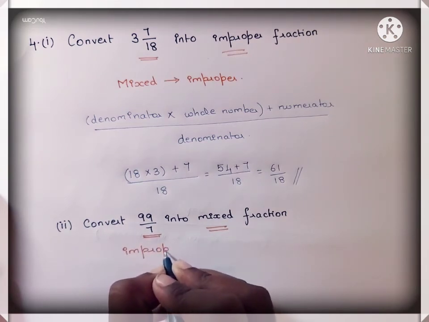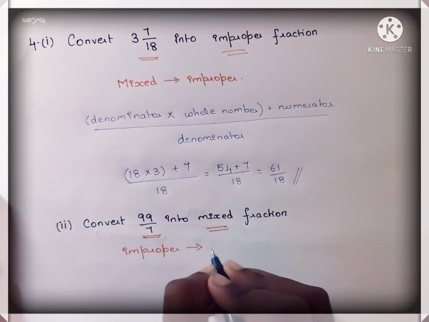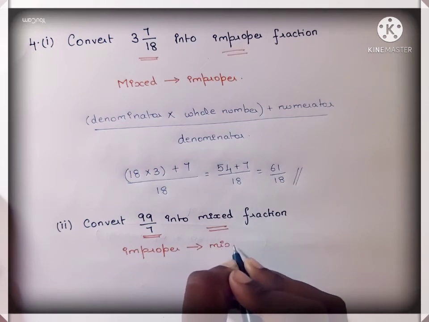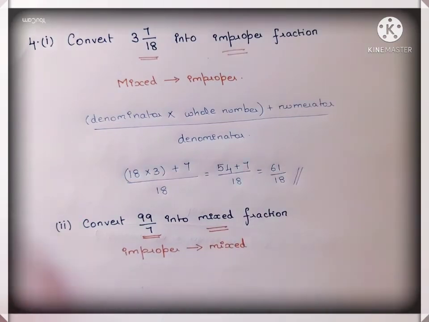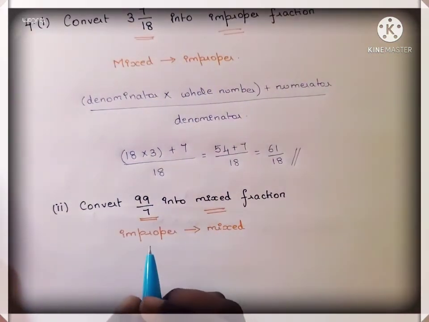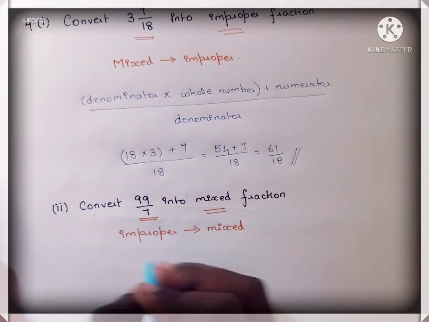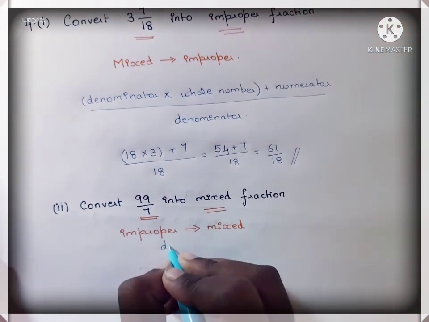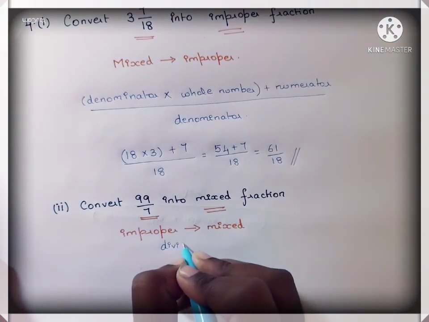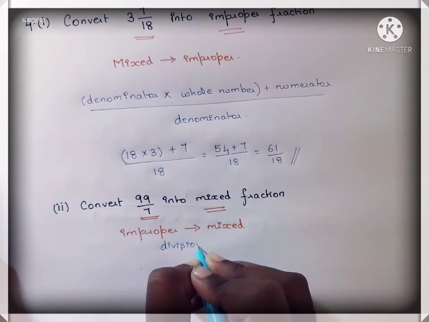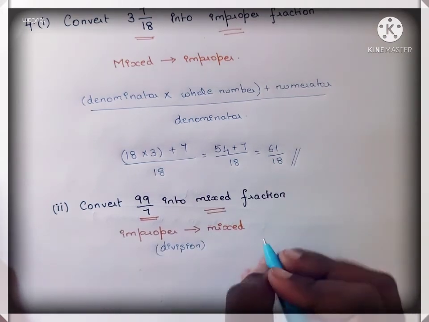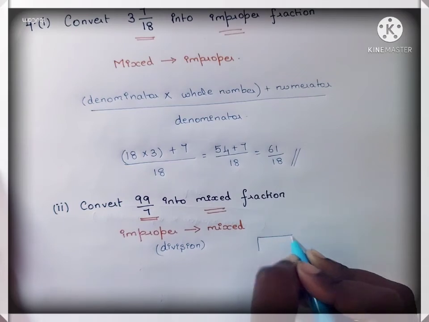It is not very complicated. It is a very simple method. We just have to perform the basic division that we have learned in our lower classes. We just have to divide the numerator by the denominator.